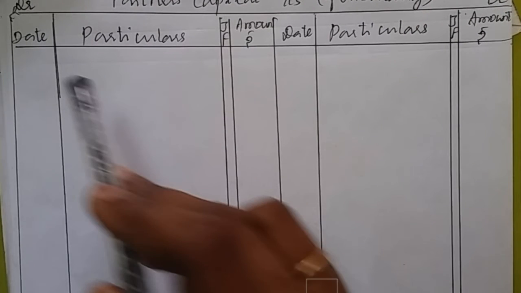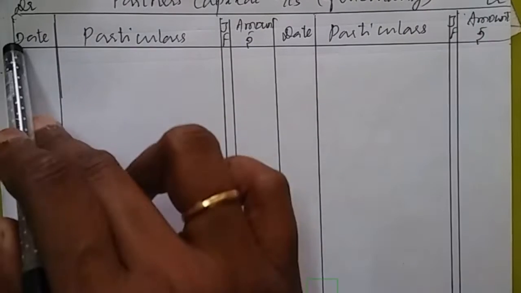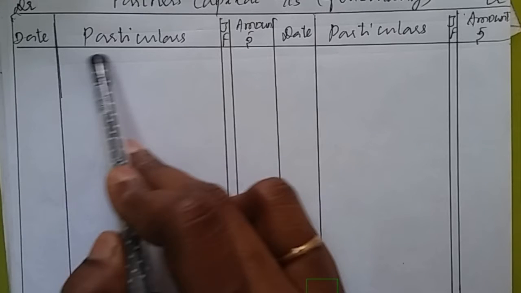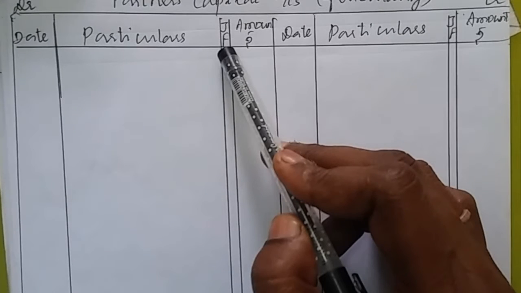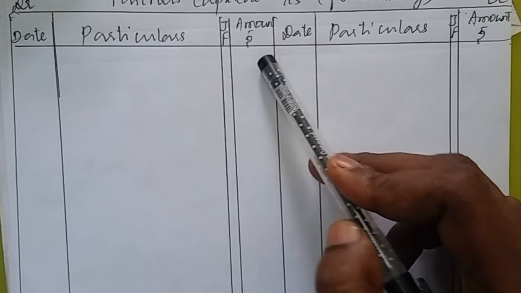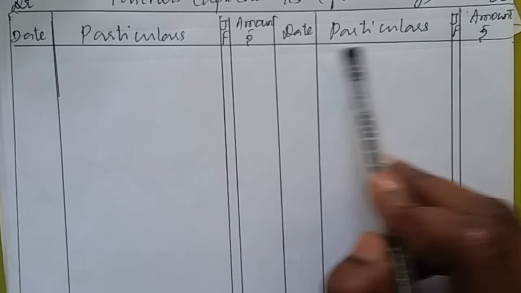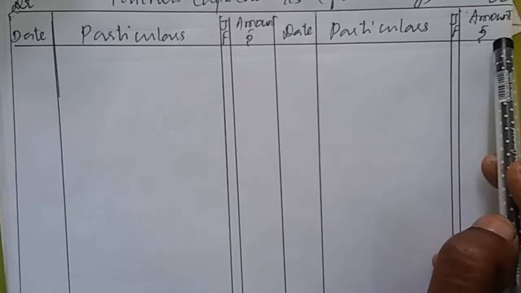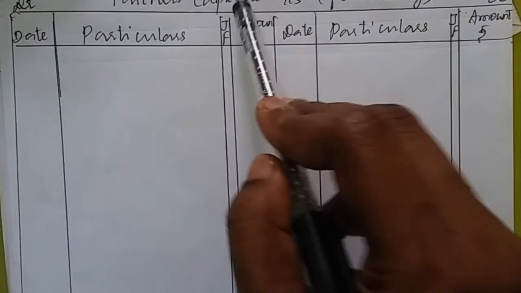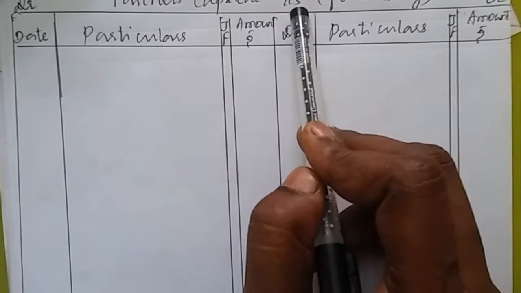See here, the table headings: date, particulars, JF (journal folio), amount for debit. For credit: date, particulars, journal folio, amount. This is about the table. The ledger heading is partners' capital accounts.